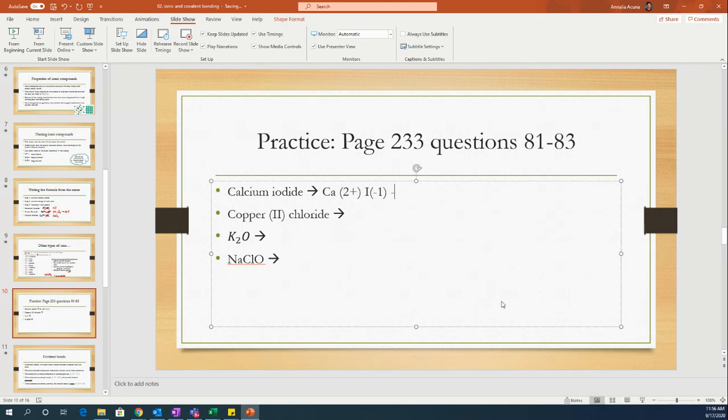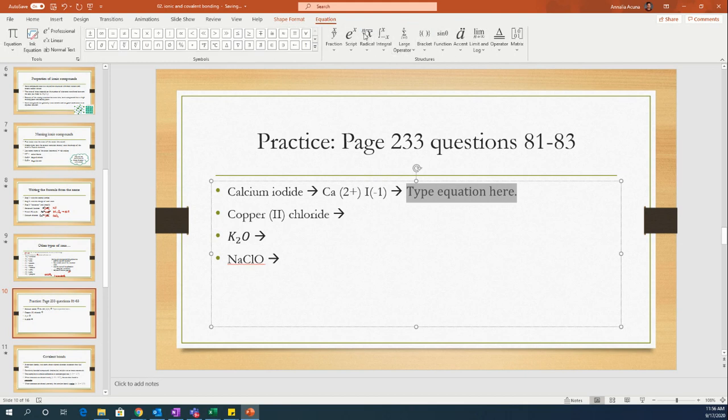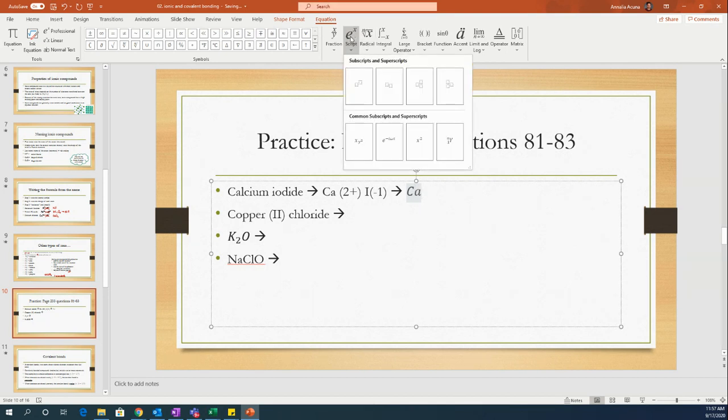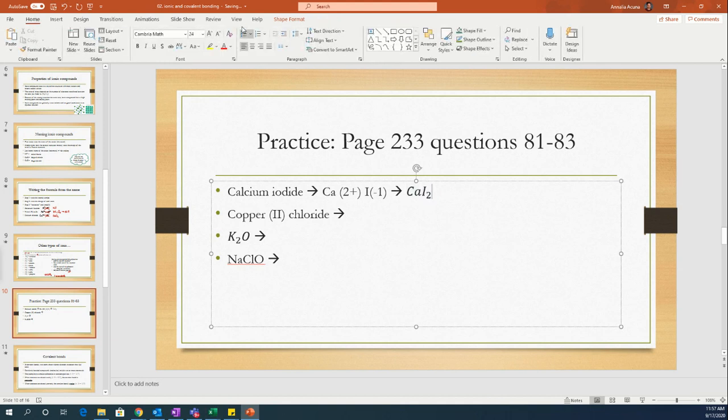When we crisscross them, we will get CaI2. That's our formula.